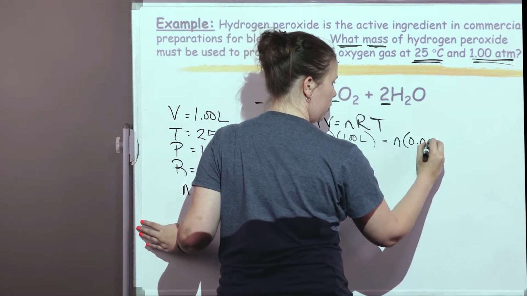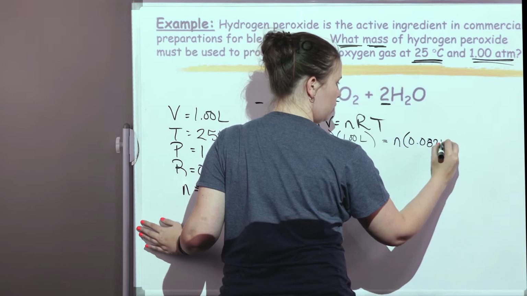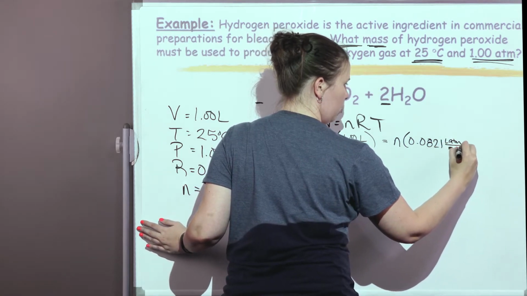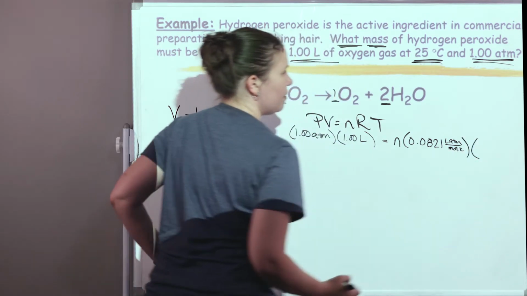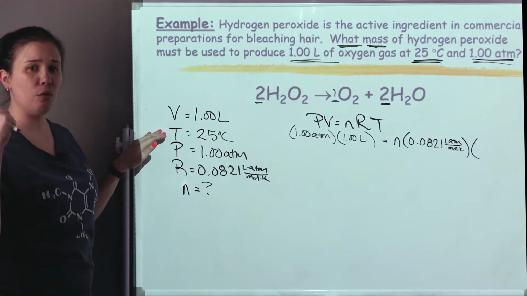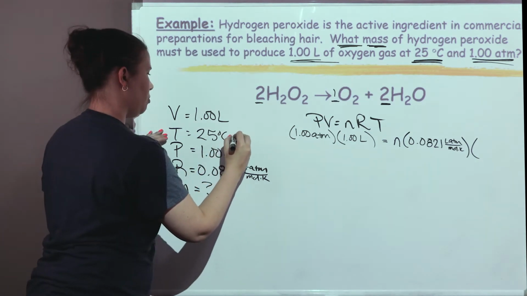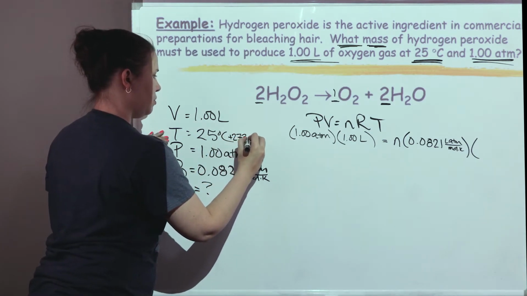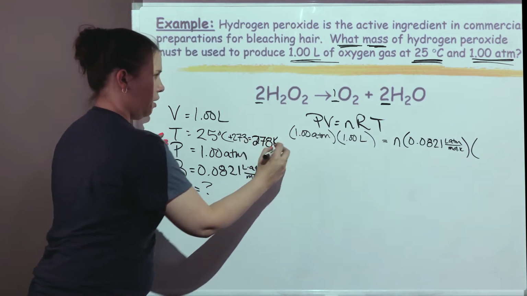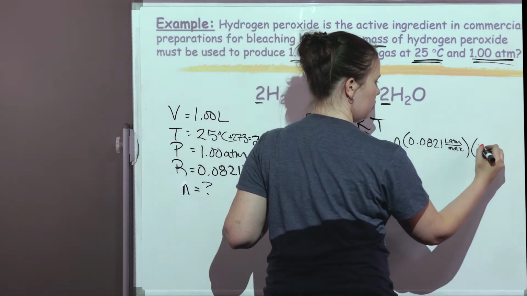And then the R is the big constant, 0.0821 liter atm over mole Kelvin. And then the temperature, instead of plugging in as 25 degrees Celsius, you always have to convert to Kelvin. So probably should have done this first. 25 plus 273 Kelvin is 278 Kelvin. And that's what I'll plug in to my ideal gas law.